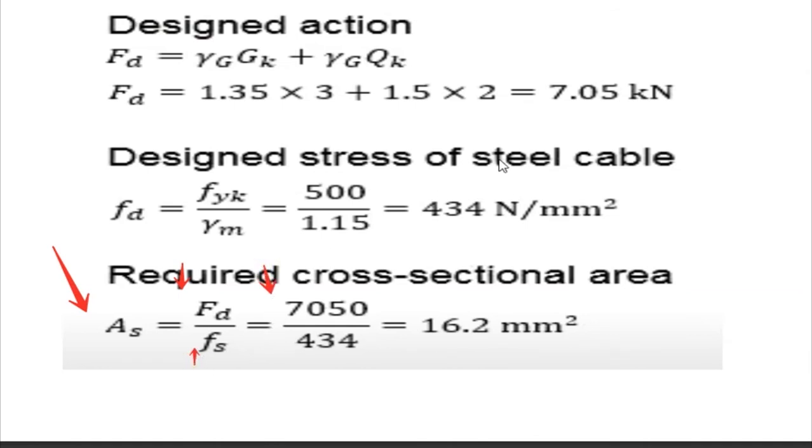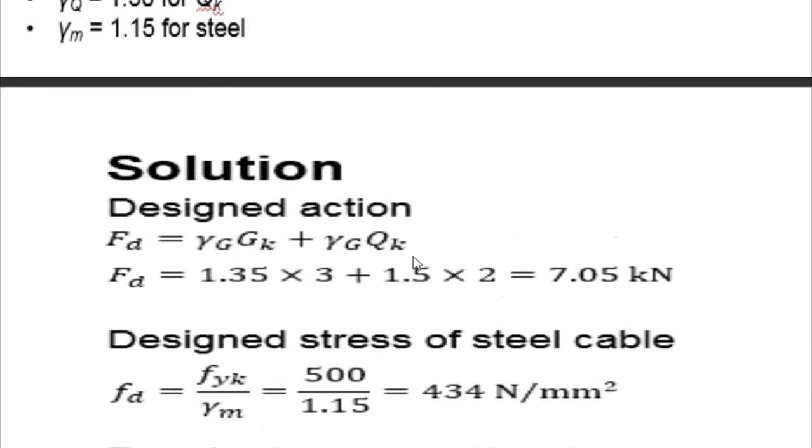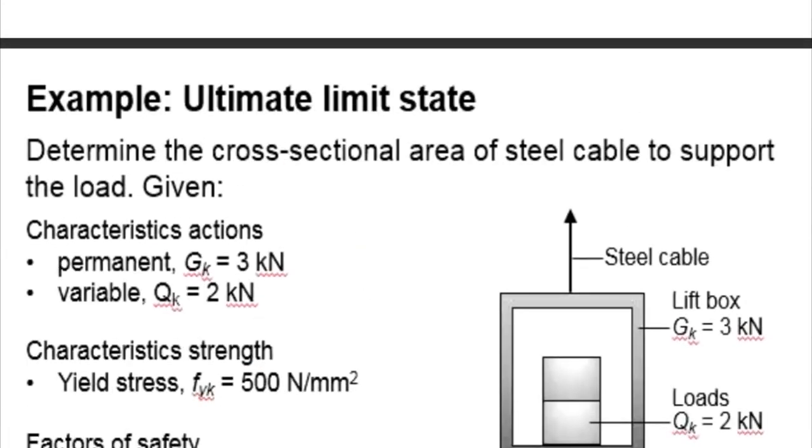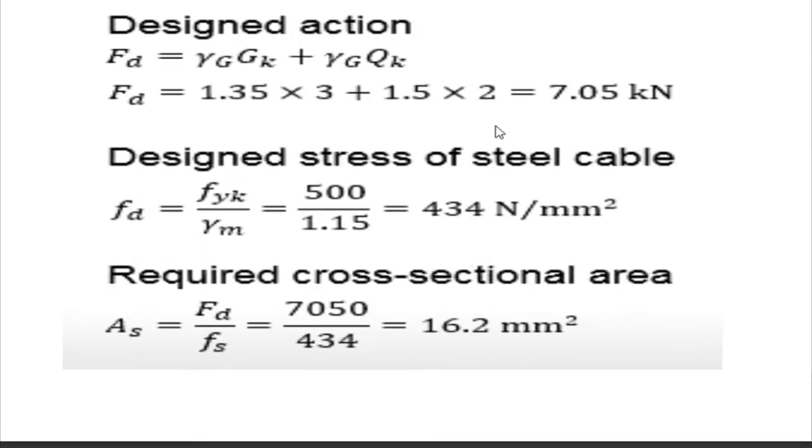So the design load, as you calculated here, times 1000 in order to have it in newtons, divided by this value, gives the cross-section area of the steel cable, about 16.2 millimeter squared. That is how you can calculate the cross-section area for the given data and for the given stress of the steel cable. So the final answer will be in terms of area, and this is the value.